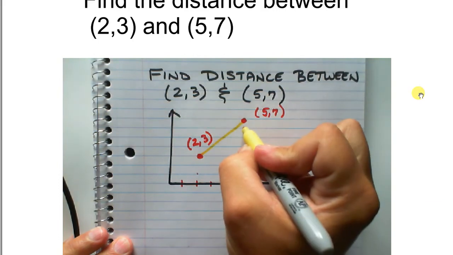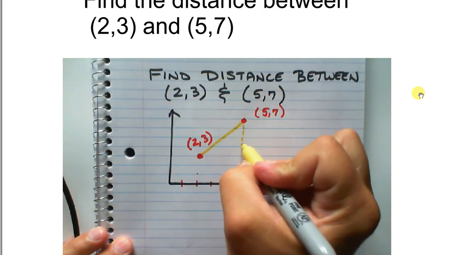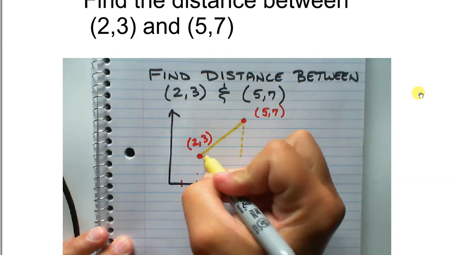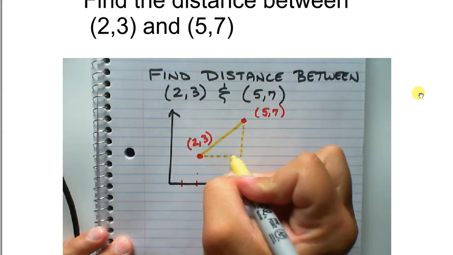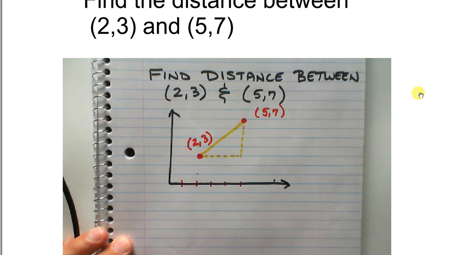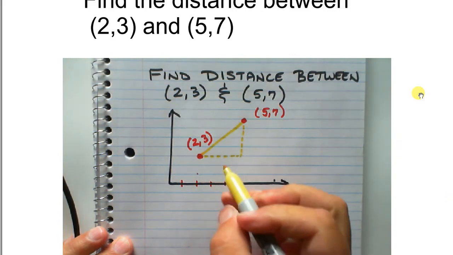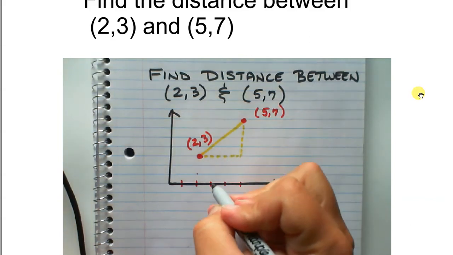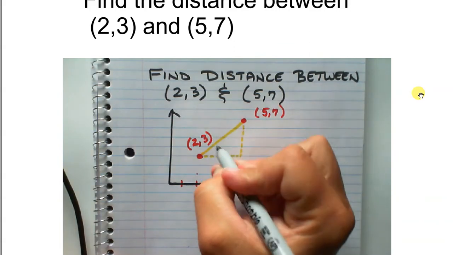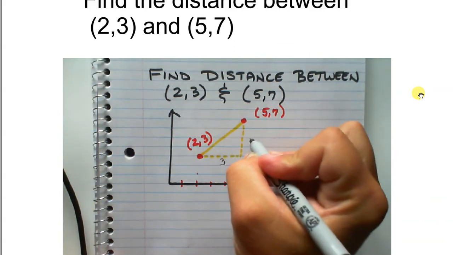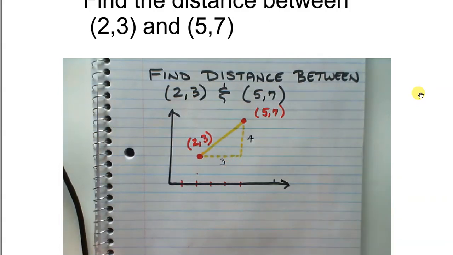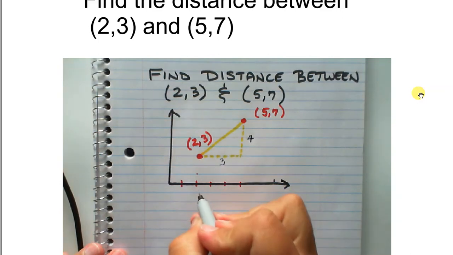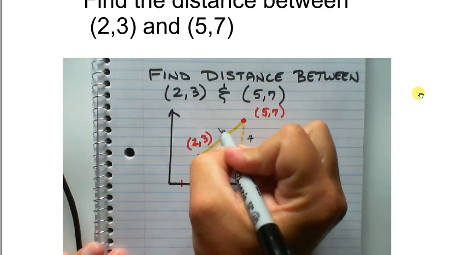To do this, I turn it into a right triangle. And I know this is 1, 2, 3, and 4. Using that 3 and the 4 in the Pythagorean theorem, I'm going to find the missing side, this x, this hypotenuse.